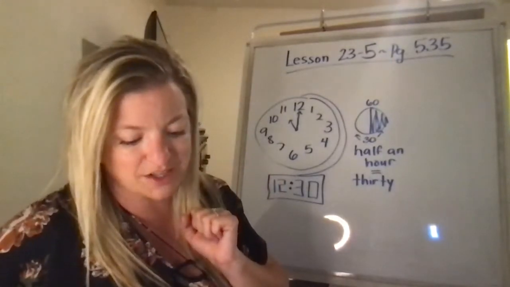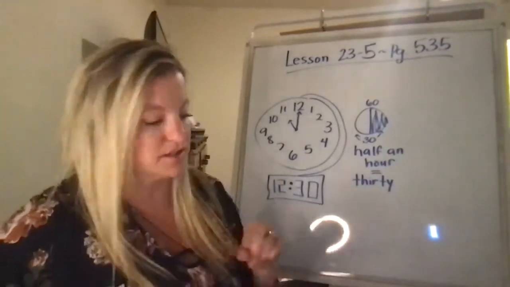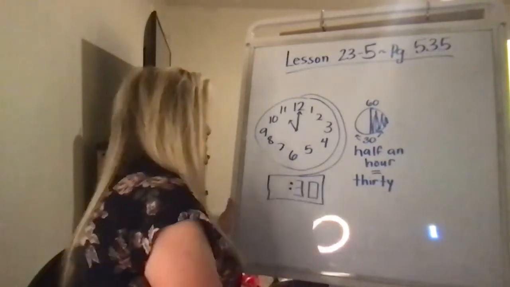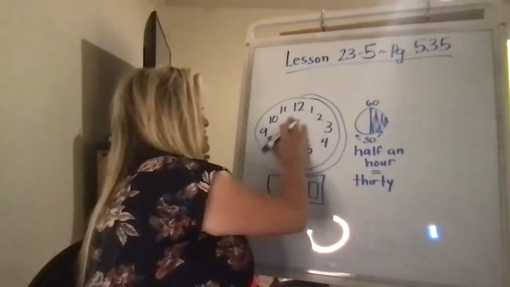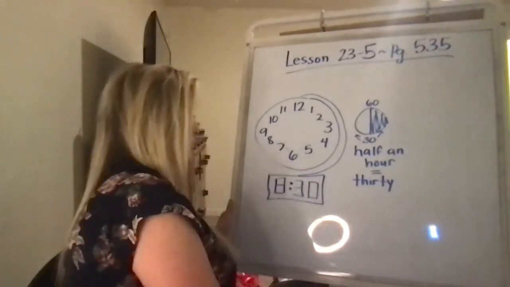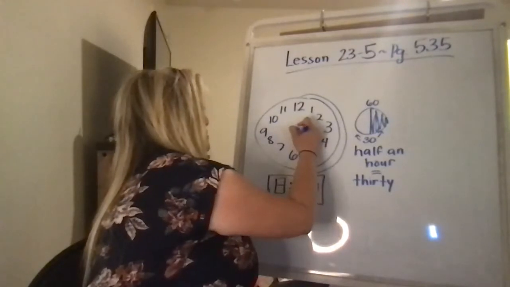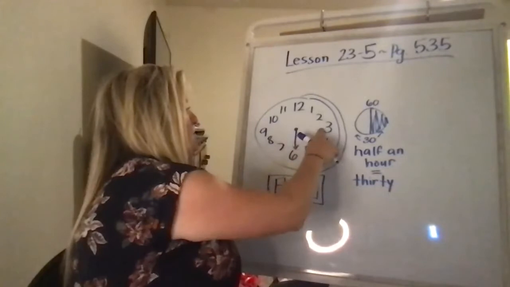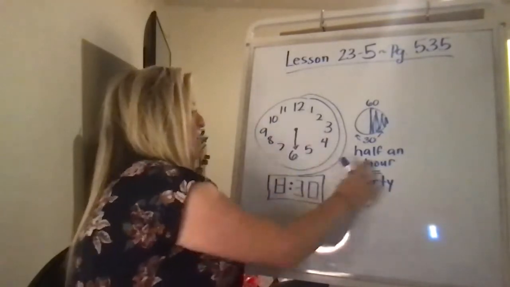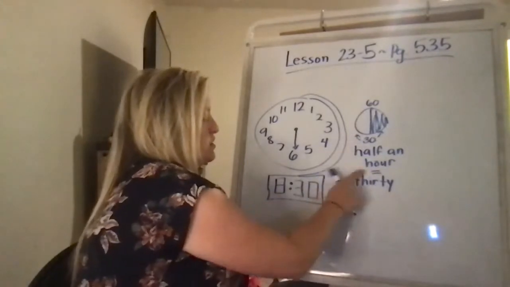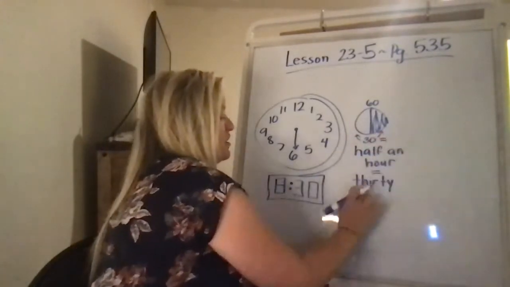Number 2, it is 8:30. Show the time on these clocks. Okay, so I already have 30 written in. So I'm going to keep that because it is now 8:30. Now I know with 30, my minute hand goes all the way down to the 6. 5, 10, 15, 20, 25, 30. Half, I wrote it up here. I wrote half an hour is 30 minutes, which is the same as 30.